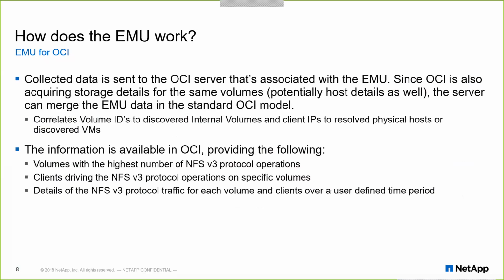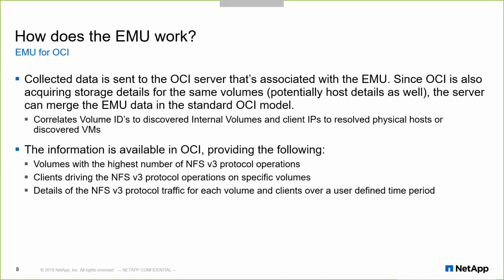So going from there, we've collected that data on the EMU, and that gets forwarded onto the OnCommand Insight server. Since this is all integrated, it's not like a completely separate tool that we have to do a bunch of correlation on. All of that data gets fed directly into the OCI database, and we're able to basically build that into the normal OCI model.